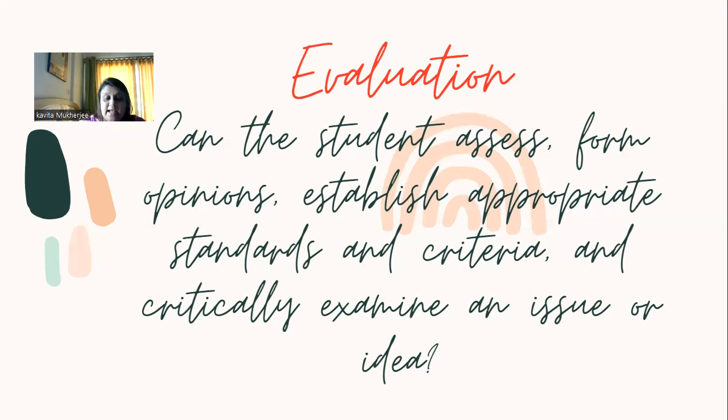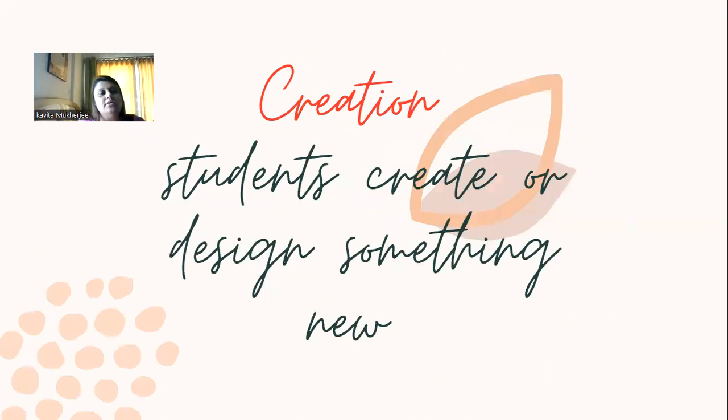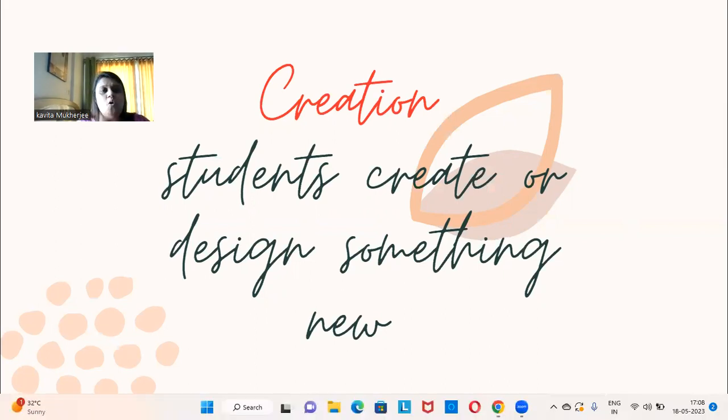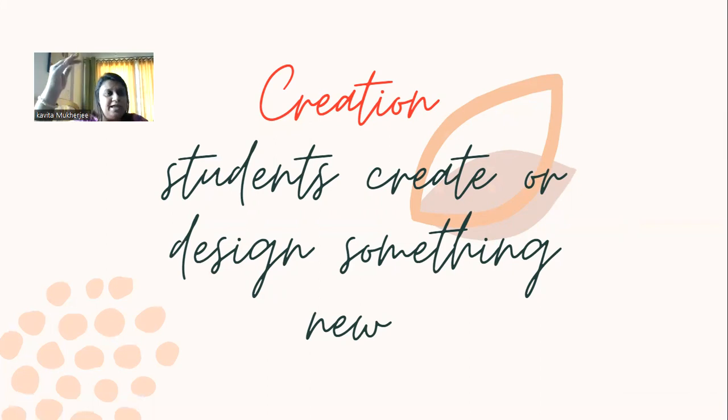Next we come to creation. Creation is the highest order of the higher order thinking skills. Here you use all your knowledge of different levels, right from knowledge, understanding, application, analysis, evaluation, and you create something new.